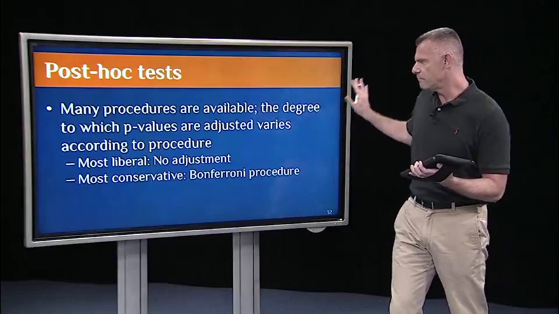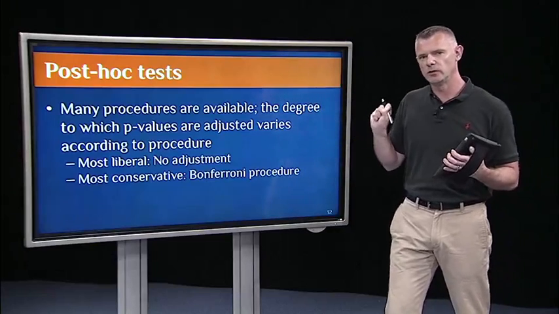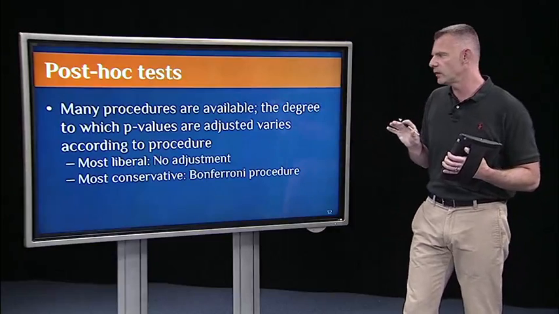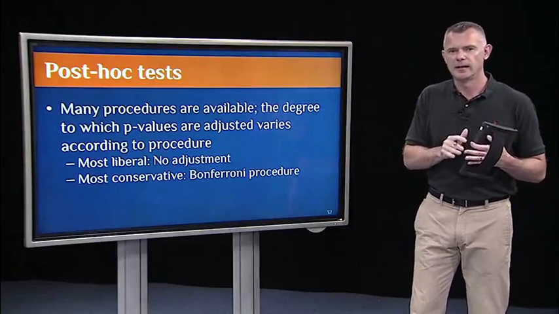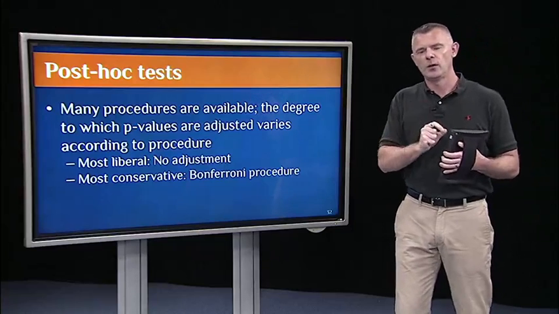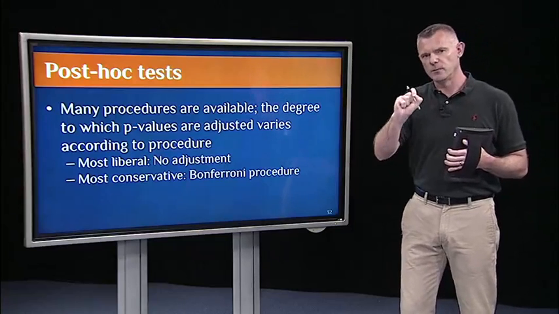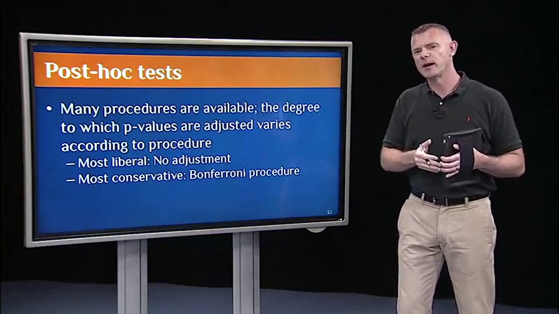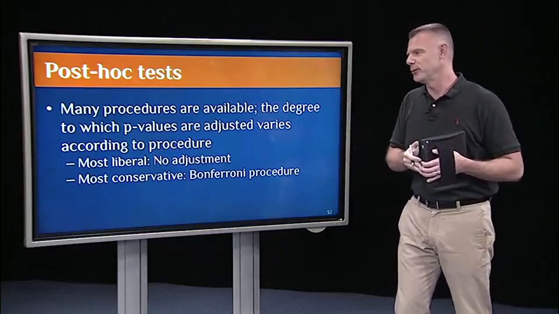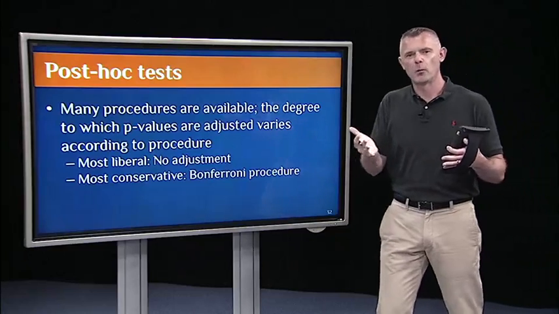As I said, there are many procedures available. If you want to Google in R, there are lots of different functions. If you've looked at other software packages like SPSS or SAS, ones that are menu-driven, you can click on post-hoc tests and then you have about 20 buttons available for you to click. You just pick one.